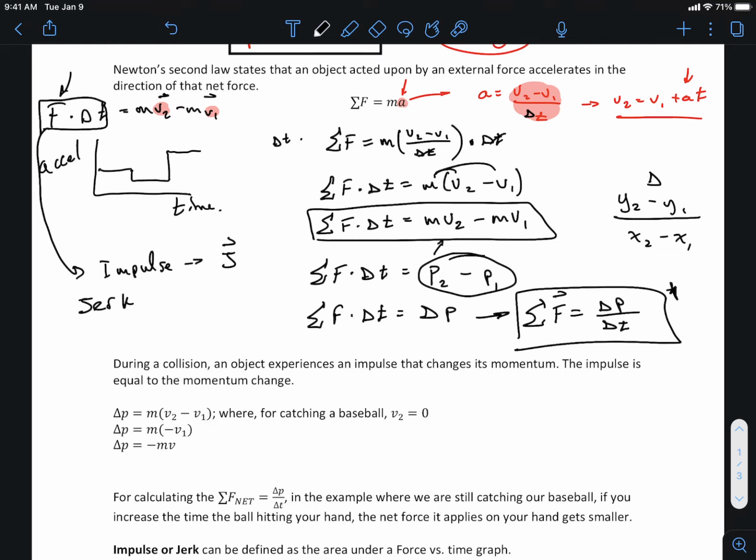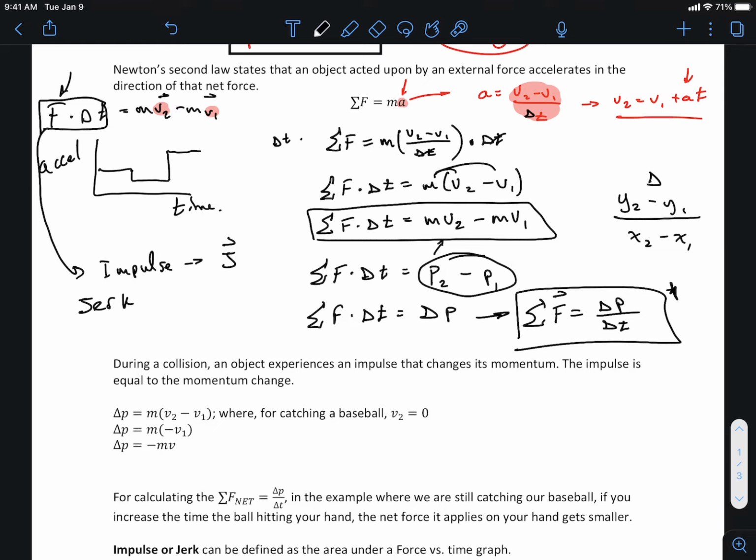For instance, in a manual car, you might accelerate, and then for that split moment when you change the gears, the car slows down, and then the car goes back into gear and you feel that jerk. It's a change in acceleration. That's the jerk or impulse that we're measuring, and we can measure it by looking at what the final velocity is and what the initial velocity is.